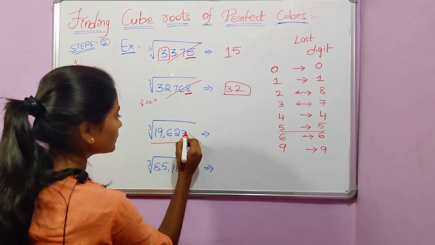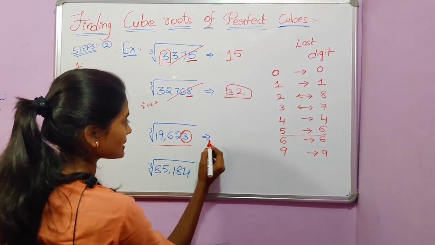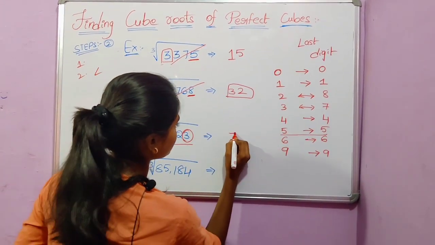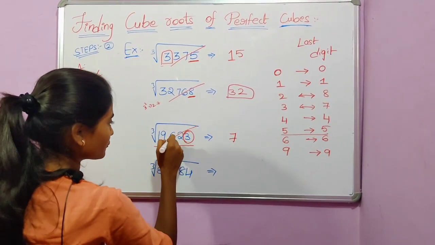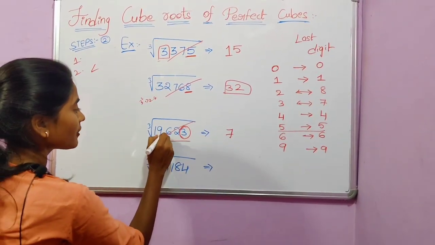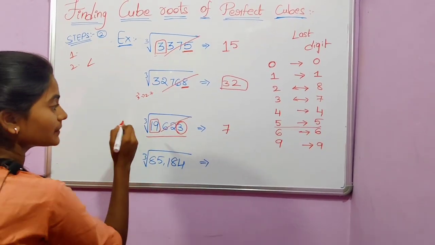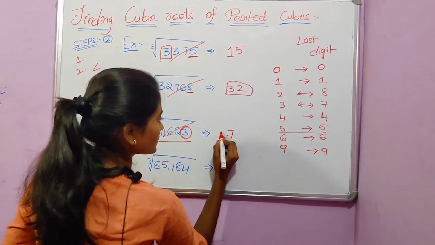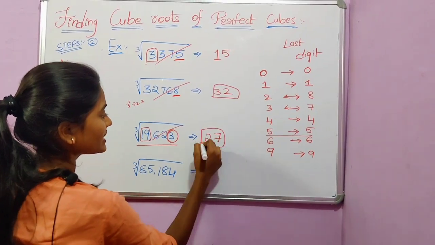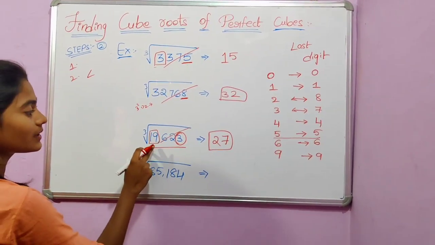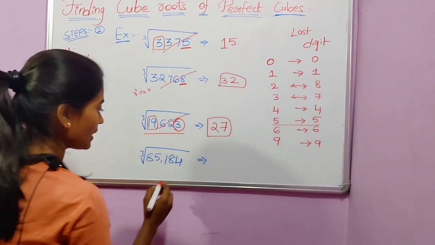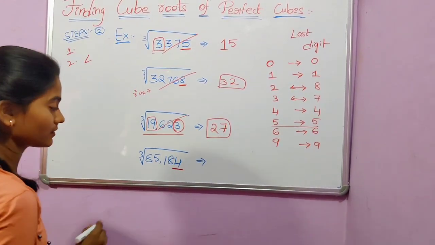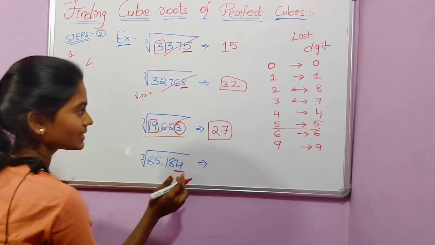And now 3. Where do you get 3 as last digit? 3 means 7. And now strike off 3 numbers and find the perfect cube less than 19. That means 2 cube. 2 cube is 8. 2. 27 cube equals 19,683. And now 4. Where do you get 4 as last digit?